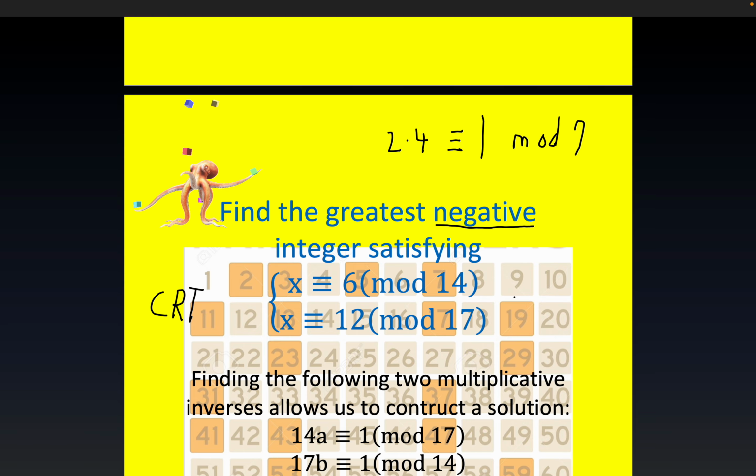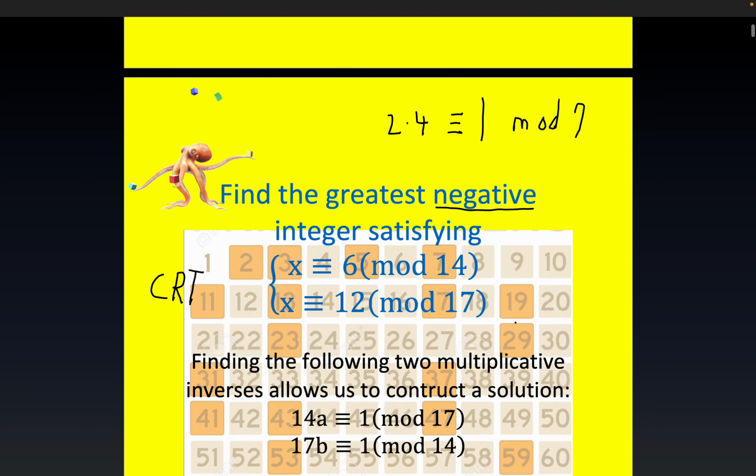It gives us a way to construct solutions to this system of congruences without even knowing what the Chinese Remainder Theorem is. So what we're going to do right here is find, you see how this is kind of a duality here? We're looking for the multiplicative inverse of 14 mod 17 and conversely.